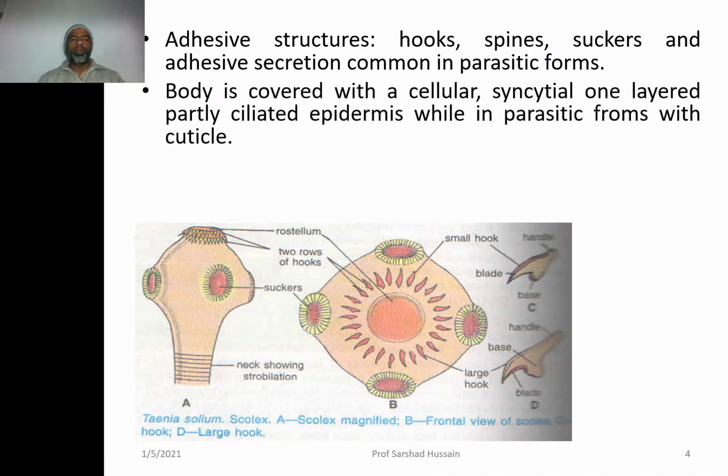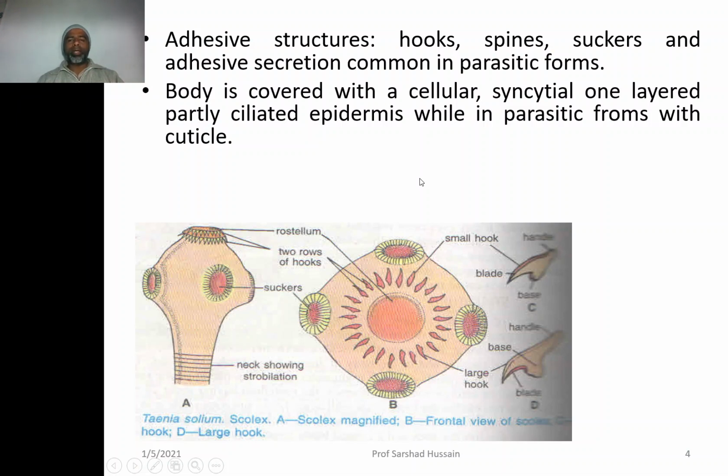Body is covered with a cellular, syncytial, one-layered, partially ciliated epidermis. So the one-layered epidermis is the outermost covering of the body. Epidermis is made up of so many cells, so cellular. Syncytial means, say for example, there is a large cell and nuclei are present in it, and the appearance is like that.